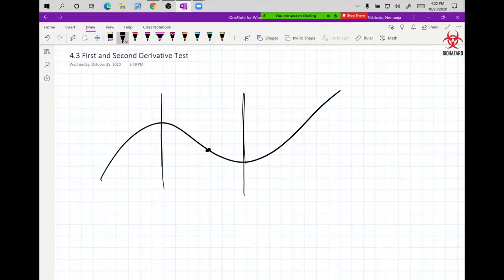So when you have some kind of a maximum, we don't care which one, local or global, the function has to be increasing into the max. So this is where the function is increasing. And then getting out of the minimum is also going to be an increasing part.